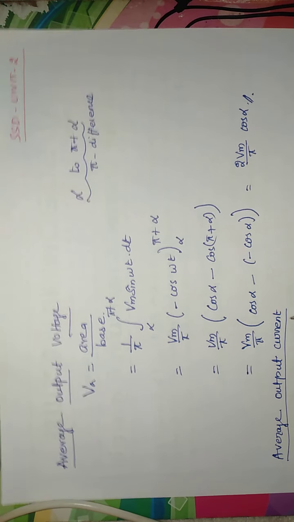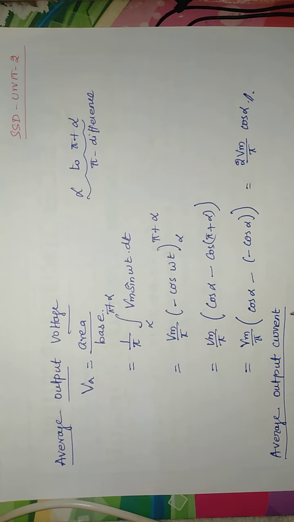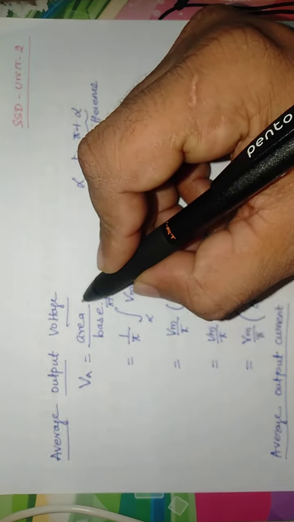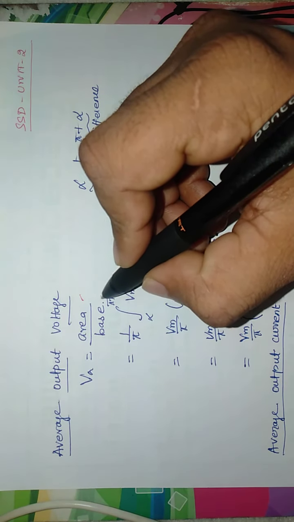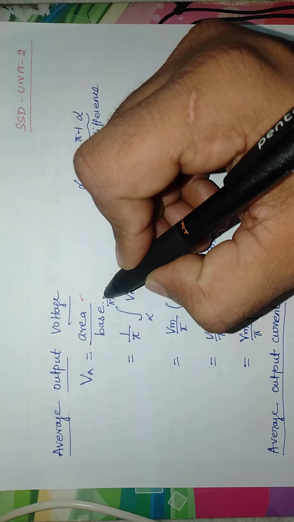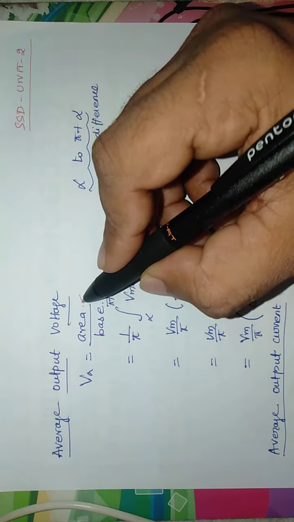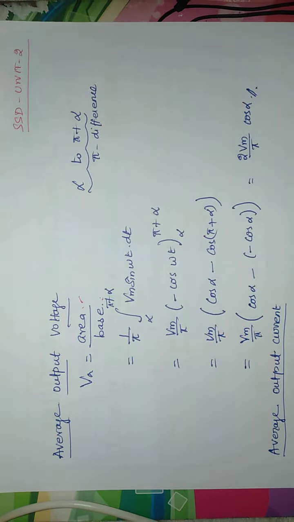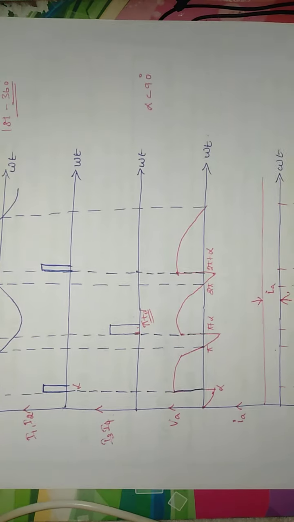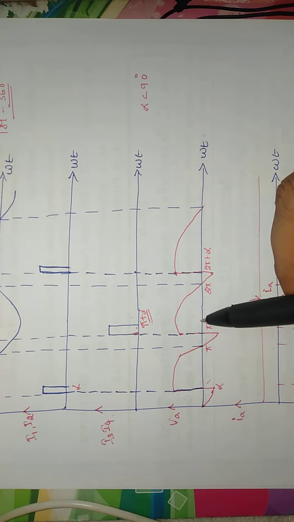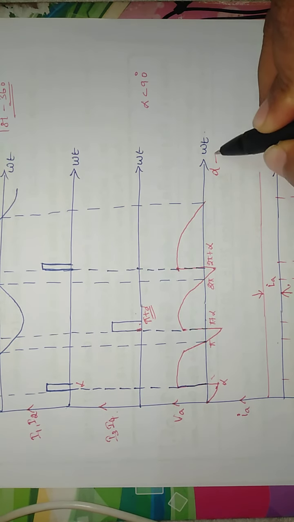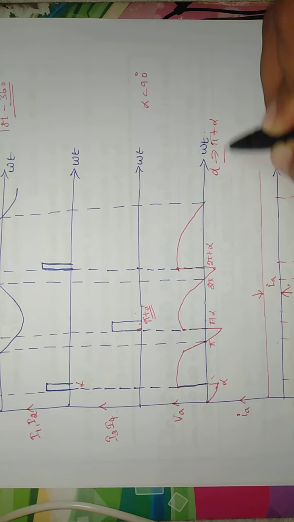Now we can see the derivation of this equation. First, the average output voltage, which is area divided by base. The area starts from alpha to pi plus alpha, and there will be the output.